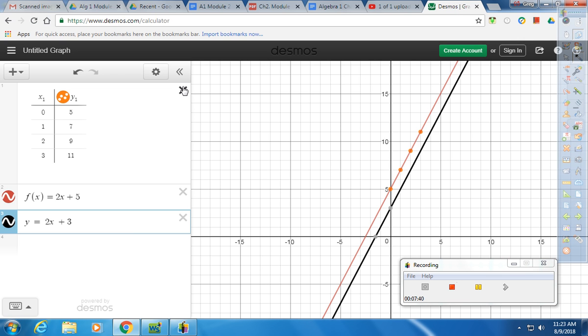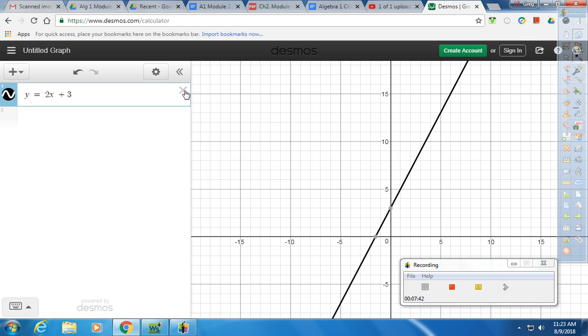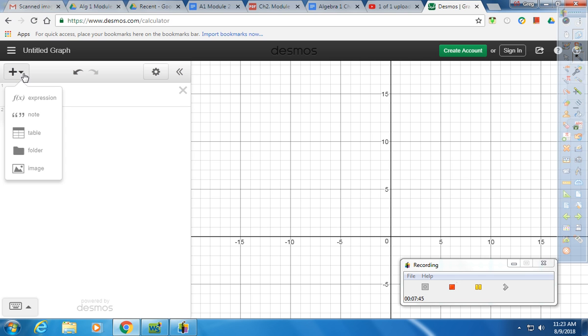let's clear that and write an expression.